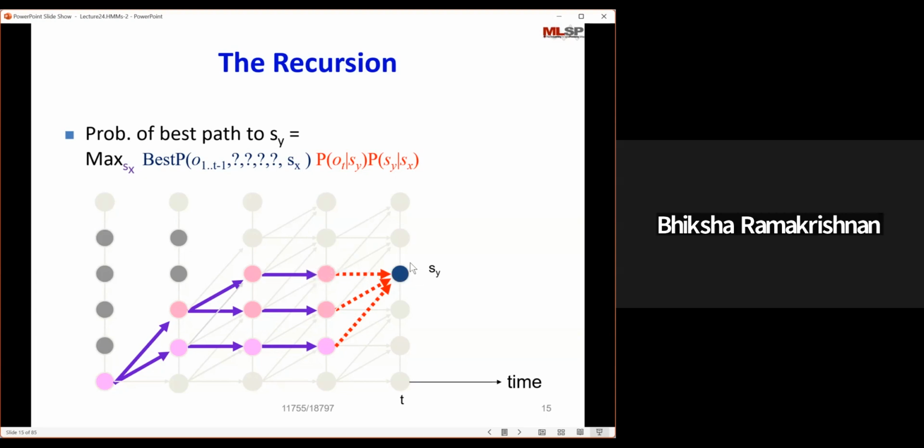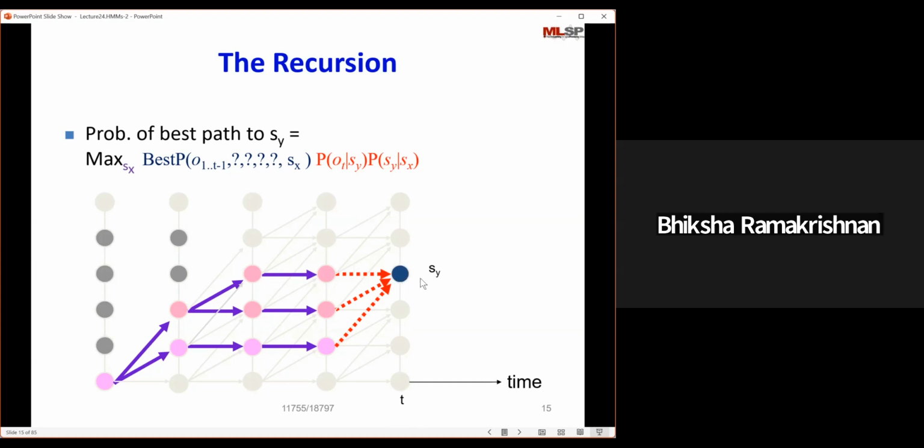That gives you the identity of the parent on the most likely path to the state. If you multiply the probability of the most likely path to the best parent with the transition probability, and then with the probability of the observation at that time itself, that also gives you the probability of the most likely path to the state.